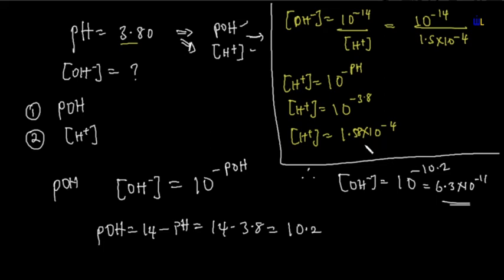Exactly, so it is still the same. So which method is easier? I think the pOH method is easier. Exactly, it's straightforward. Just do this and this.